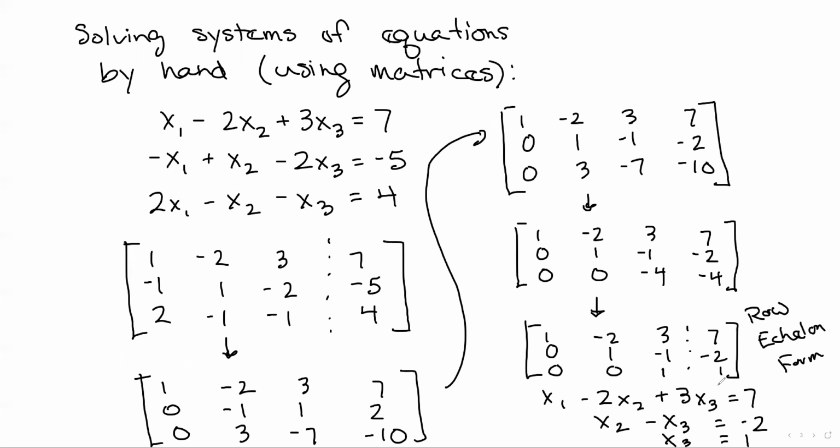If we'd gotten 0, 0, 0, and then a 1, if we translated that back, we would have 0x1, 0x2, and 0x3, which tells you that the whole left-hand side is 0, and so you'd have 0 equals 1, which is just not true. That's what's going to happen if you get a system that doesn't have a solution: you'll get something that's impossible.